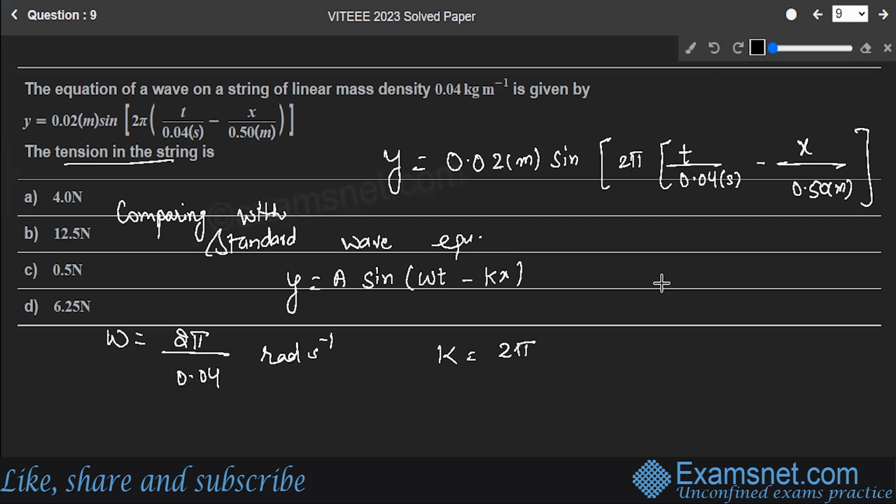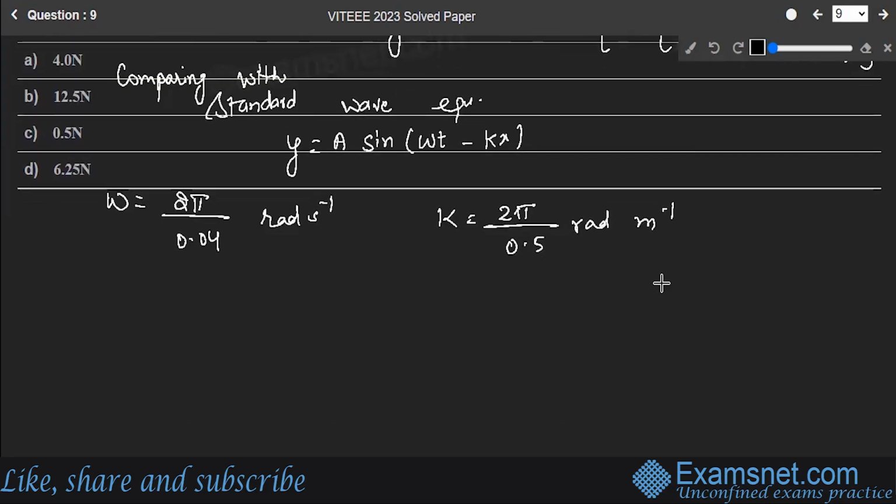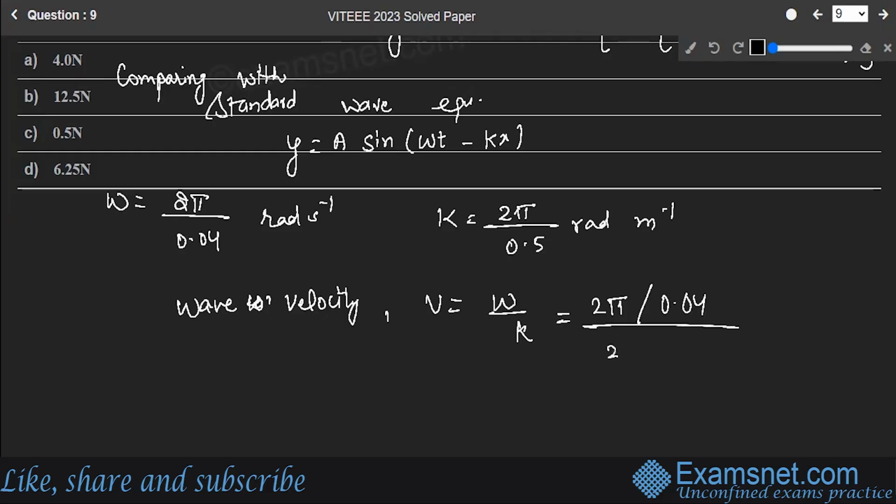K is equal to 2 pi upon 0.5 radians per meter. Wave velocity v is given by angular velocity upon k. This is equal to 2 pi upon 0.04 divided by 2 pi upon 0.5 meters per second.